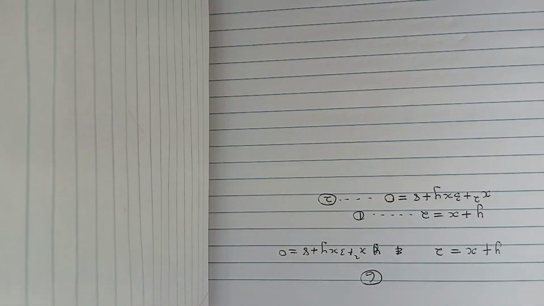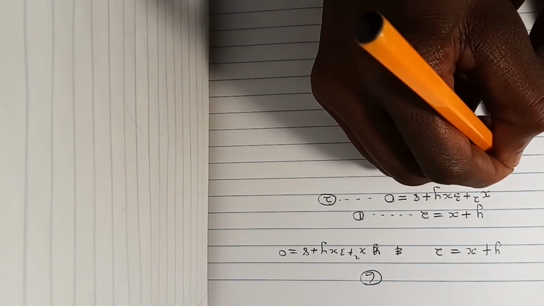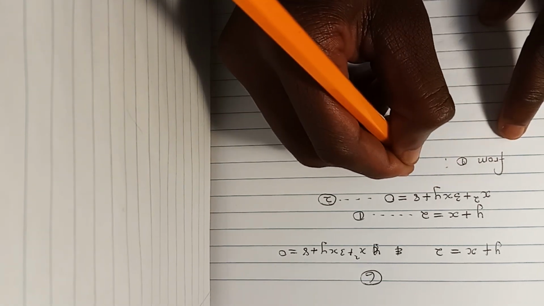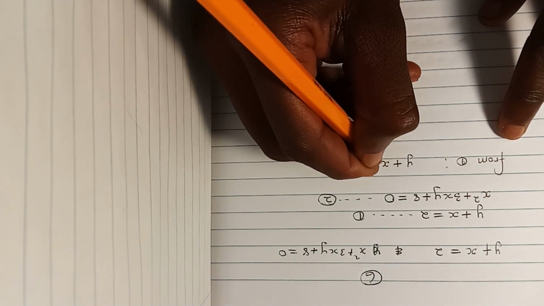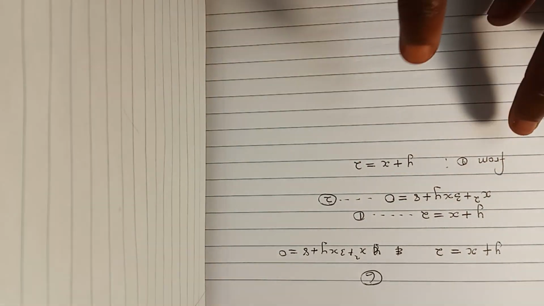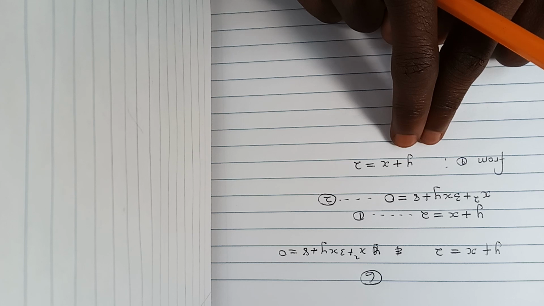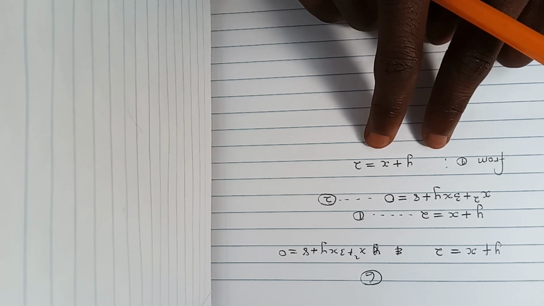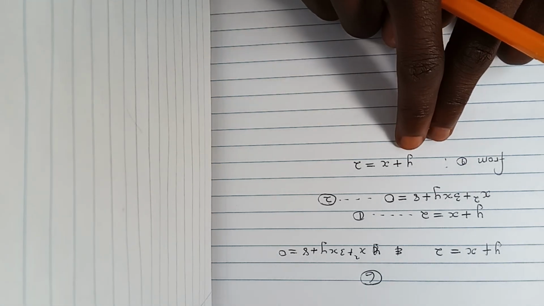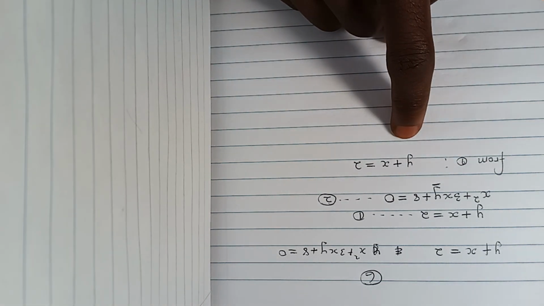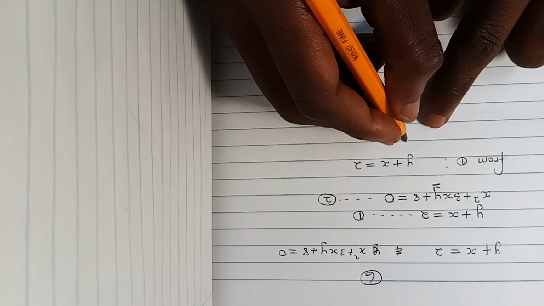Which one is the easiest? Obviously, the first one is the easiest, and we just say from 1, and 1 is y plus x equal to 2. So you make any variable the subject. It's either you make x subject or you make y subject. I will prefer making y the subject because we have one y there. But even if you make x, it won't be the problem, but I will make y.